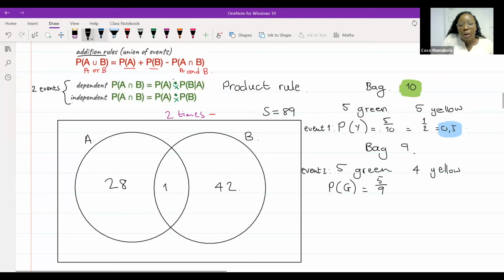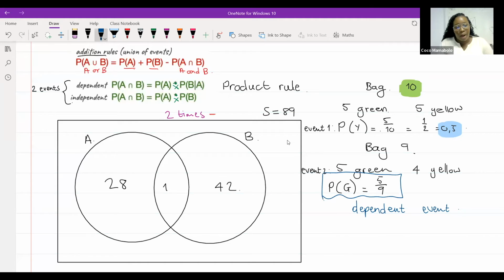So we call this a dependent event, because the probability of this part is dependent on what happened before. Give me a thumbs up if this makes sense.